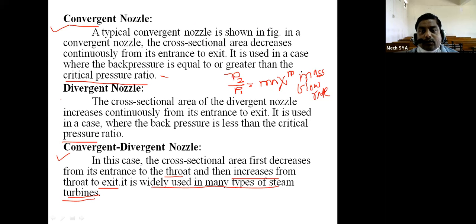Generally at the throat, where the area is minimum, the velocity is higher, so mass flow is maximum. That pressure is called critical pressure. That pressure divided by inlet pressure, initial pressure, is called the critical pressure ratio. Understand, Jagannath? Please reply.